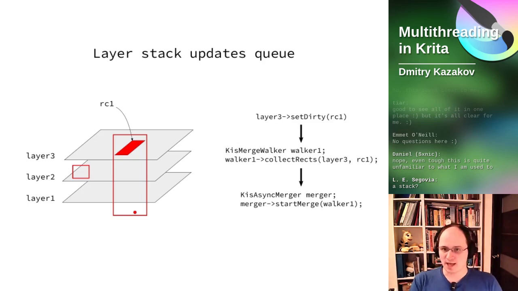It puts this task into a queue, and then when the order in the queue comes, the scheduler passes this walker to a class called async merger. This merger class actually composes pixels, writes them into image projection, and shows it to the user.